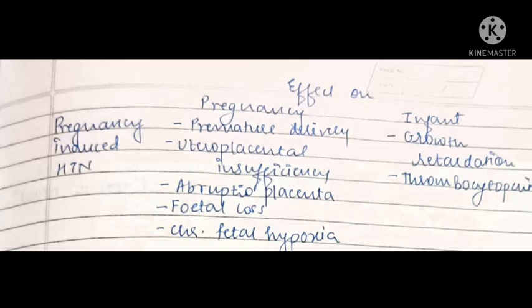Antenatal history is divided into three parts: first trimester, second trimester, and third trimester.